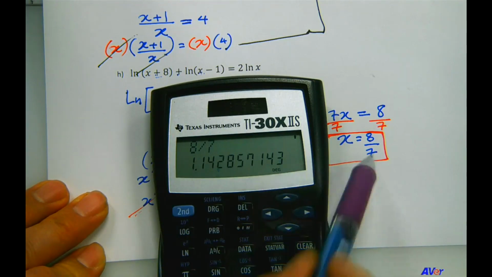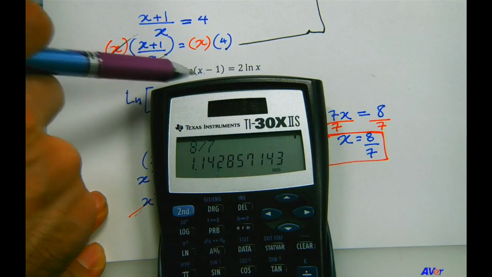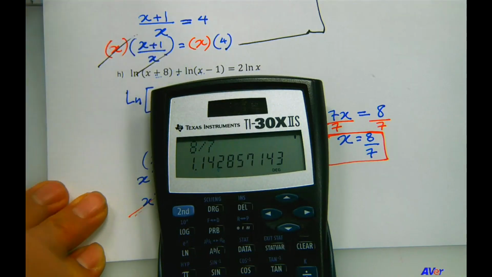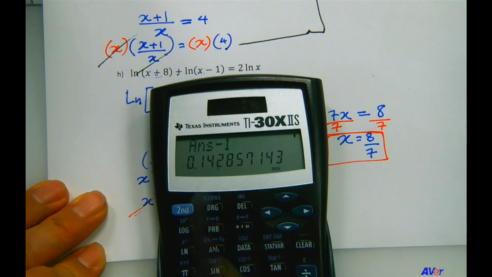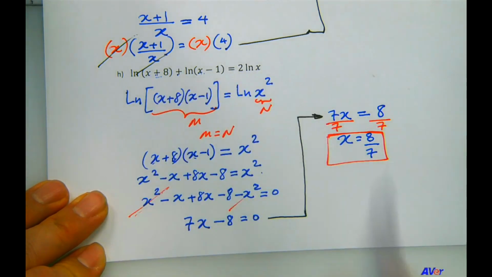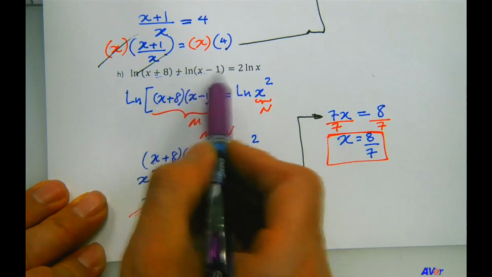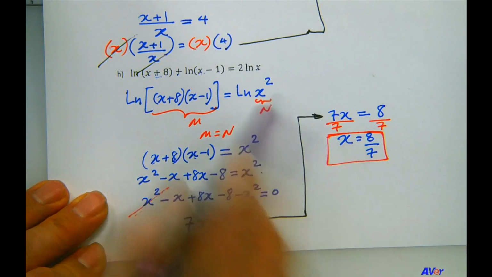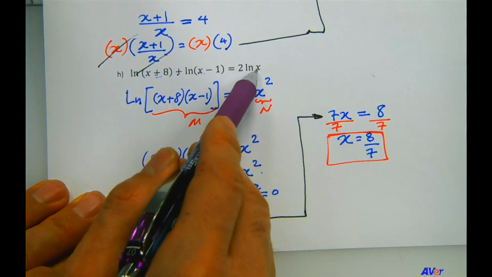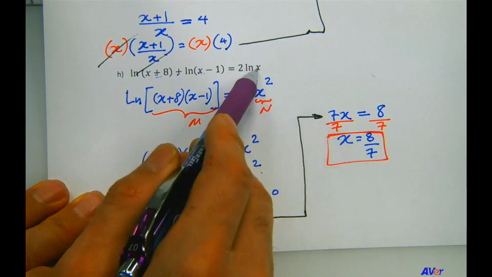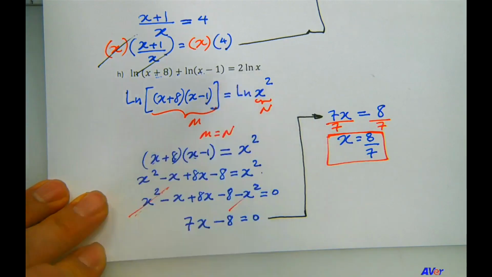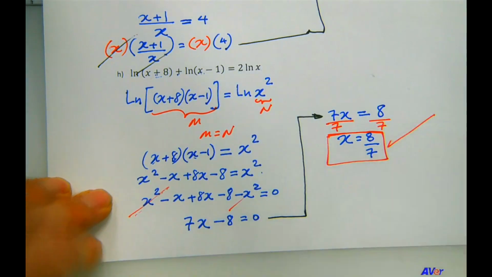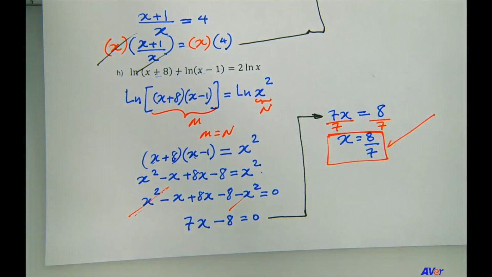So if you plug 8 over 7 here and subtract 1 from it, you get a positive number, right? So minus 1, we get 0.1428. That's a positive value. So again, this number is within the domain of this natural log function. So it's again okay. 8 over 7 in this x is a positive value. So when you plug it in here, it's within the domain of this natural log function. So this answer checks out.